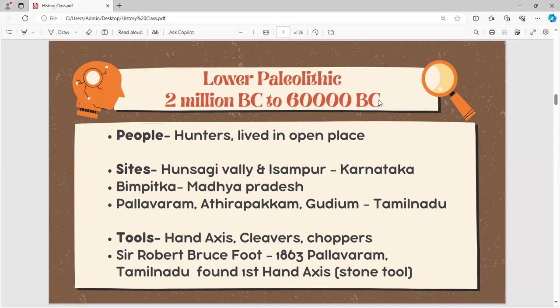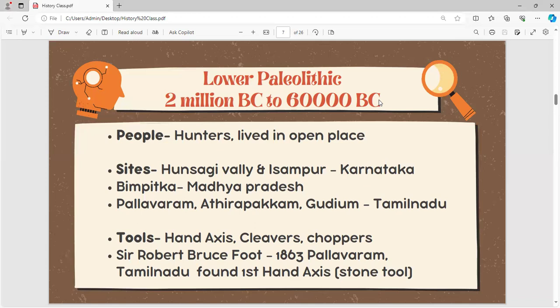In that period, people used stones as their tools for hunting and other work. So what kind of tools did they use? They used hand axes, cleavers, and choppers. Sir Robert Bruce Foote, in 1863, at the place called Pallavaram in Tamil Nadu, found the first hand axes.